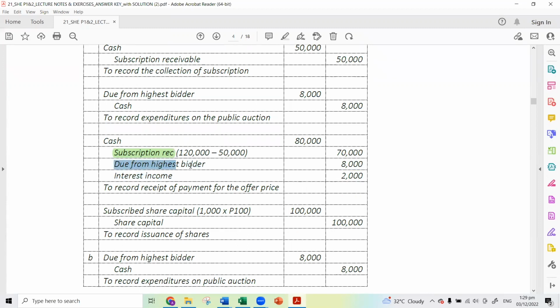Isisingil mo kasi yan sa mananalo sa bidding. So yan ang offer price. Ang offer price tatlo: the unpaid balance of the subscription, the interest accrued on the subscription, and the expenses in the public auction. Okay? That is your offer price.